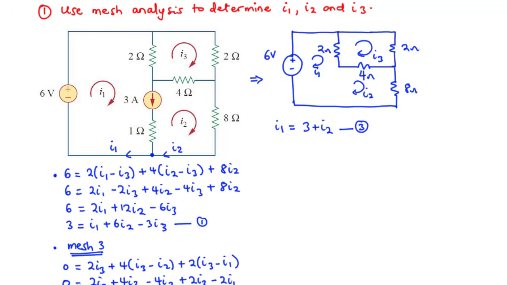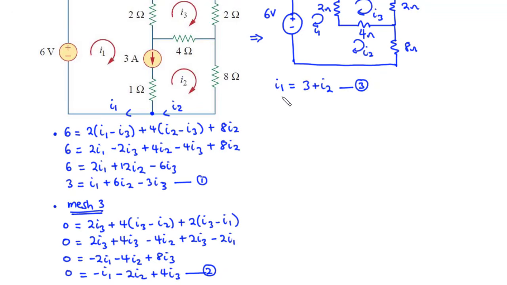Now we call this equation 3. What we are going to do is to put equation 3 into equation 1 and equation 2. So we put I1 into equation 1 and equation 2. We want to eliminate I1 in the two equations.